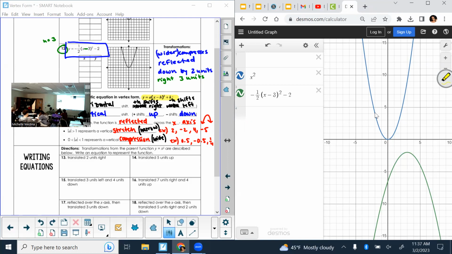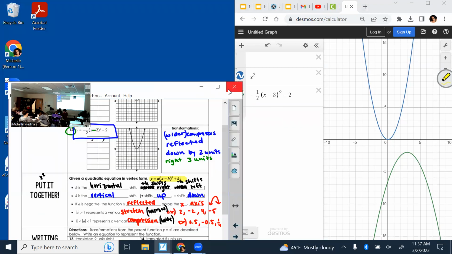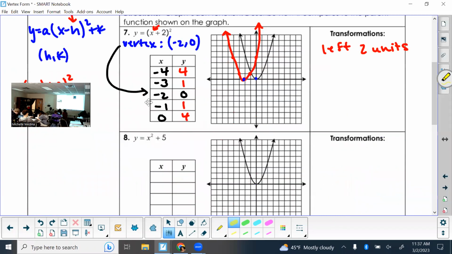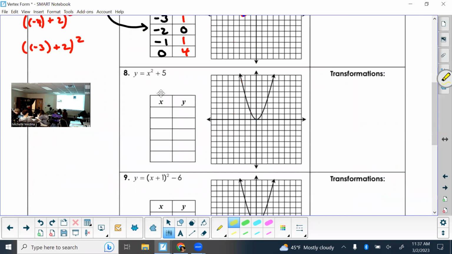Is there always 4 transformations? Yes, no? Are there always going to be 4 transformations? No, but at a maximum, there will be 4. So like this one has 2 transformations. This one has 1 transformation.